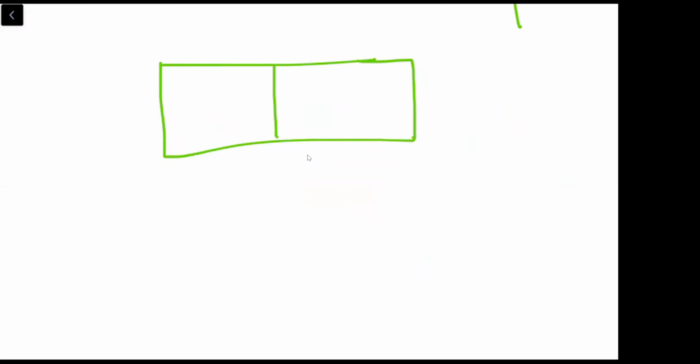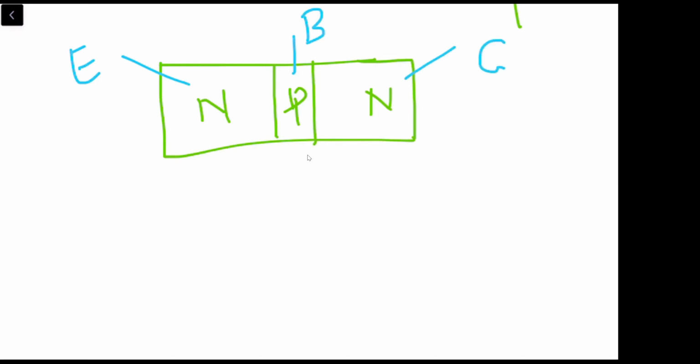So we have N, P and N, right? And this N over here is the emitter, this is the base, and this is the collector, right?